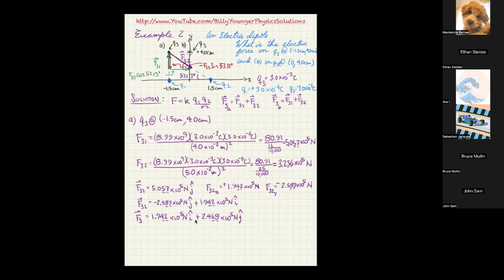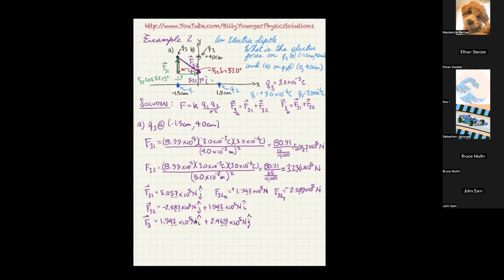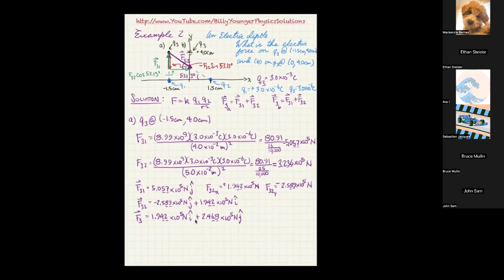And in fact, notice they're both the same magnitude, 10 to the 5th, and one's about 2.5 and the other one's about 1.9. So they're pretty close to the same size, and they're both positive. So I could, for instance, draw a little coordinate system. There's my x, there's my y. Notice my x and y are completely consistent with the original coordinate system I had.